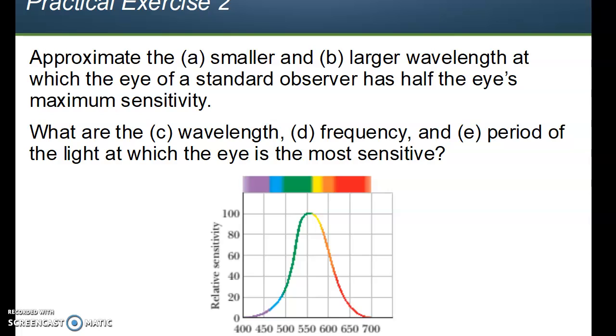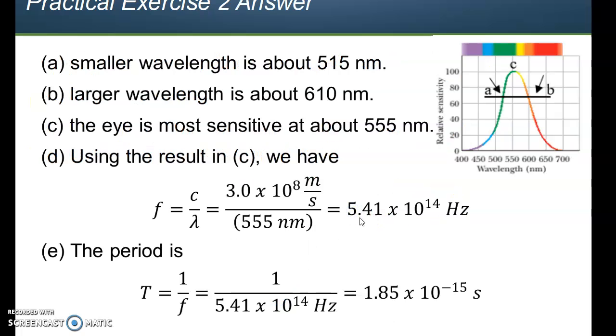I calculated that out as 5.41 times 10 to the 14th hertz. Yes, their numbers agreed quite well with the ones my eyes saw on there. And the period is just the inverse of that, 1 over f, or 1.85 times 10 to the minus 15th seconds.